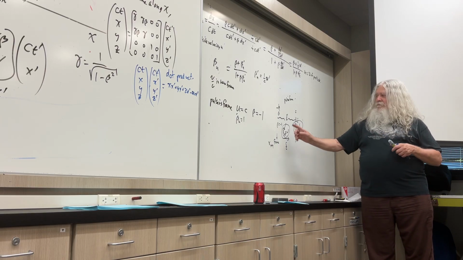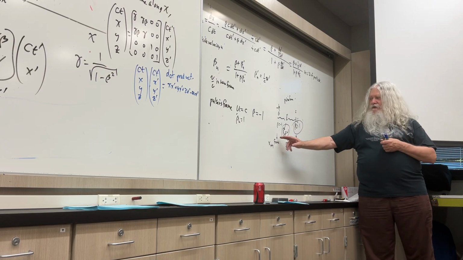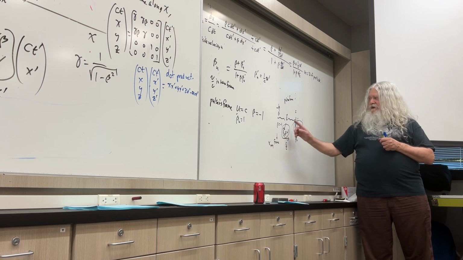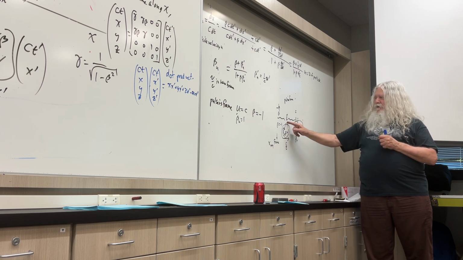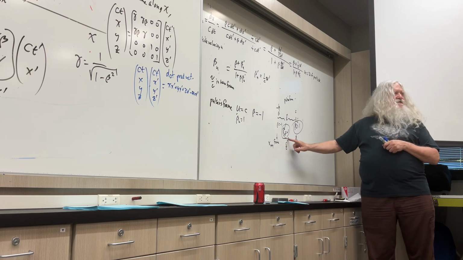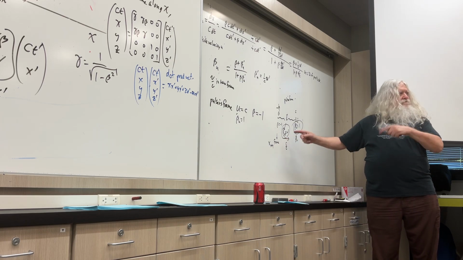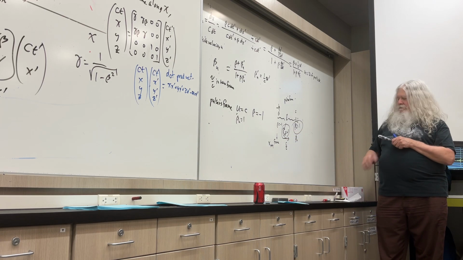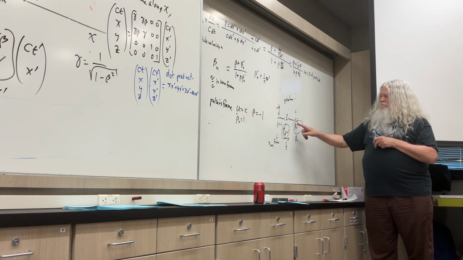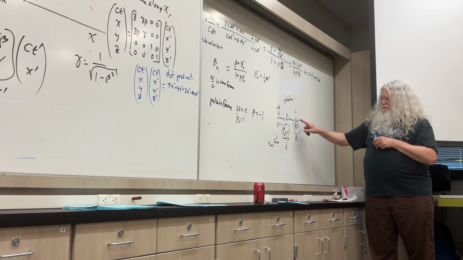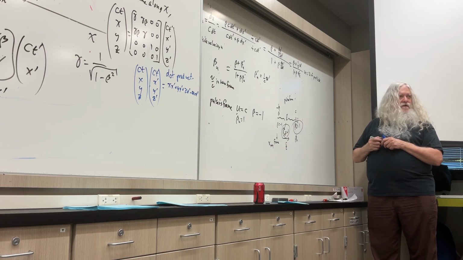Yes, because to go to this frame, the velocity of this in this frame is the velocity that it had in the old frame plus the velocity of the frame, which was +1. What does beta U represent again? That's the v over c for this X-ray over here.